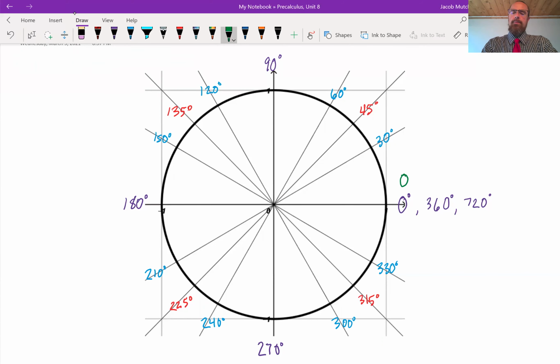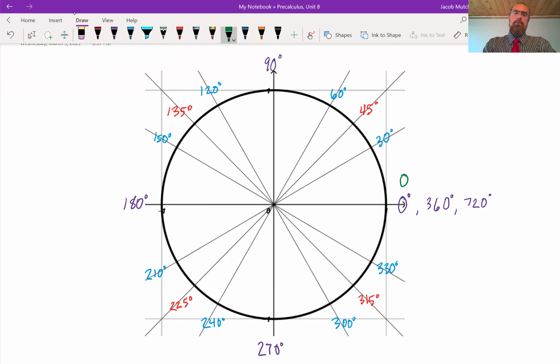You start at the same standard position. And instead of doing the 90s first, I just want to remember that if I go a full rotation around a circle, really what radians is describing is a ratio of the circumference to the radius.